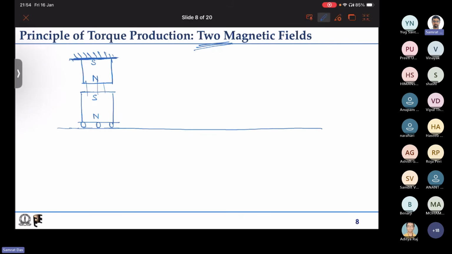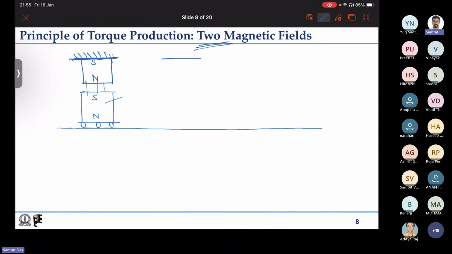So that means if we have two magnetic fields, but they are aligned to each other, then there is no net force in the horizontal direction. For this case, there is some force in the radial or vertical direction, but there is certainly no force in the horizontal direction, which is needed for this structure to move.